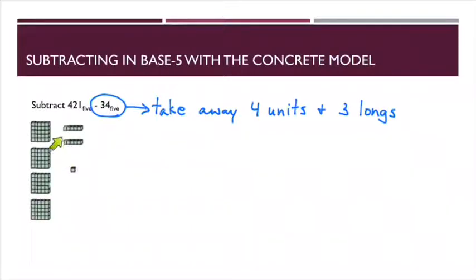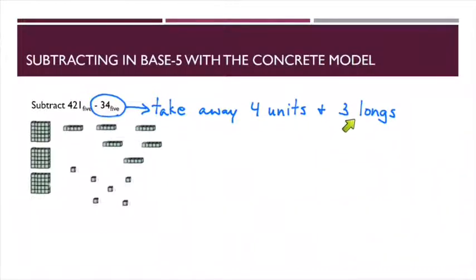So we are going to borrow one of the longs and break it into 5 units. So we're going to take that long right there and split it apart into 5 units. And let's go ahead while we're at it and get enough longs. So let's take one of our flats and let's split that flat apart into 5 longs. And now we will be able to take away 4 units and 3 longs.